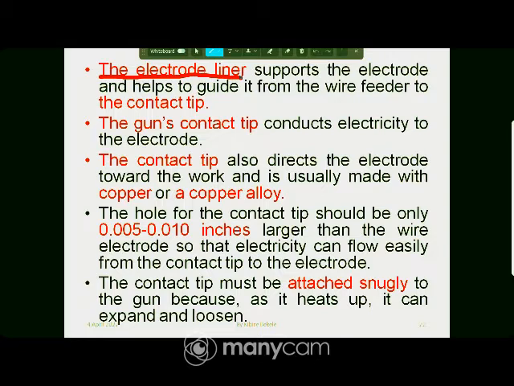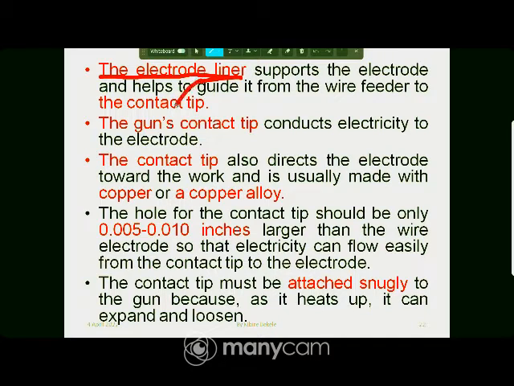We already discussed the wire feeder. The wire feeder feeds the wire to the welding area through the welding gun, and the electrode liner supports the feeding of the electrode to the contact tip.